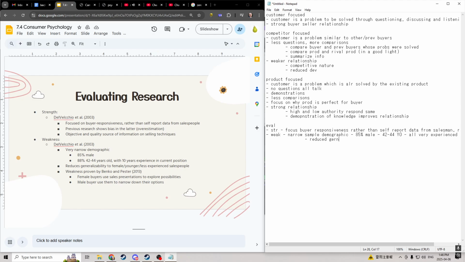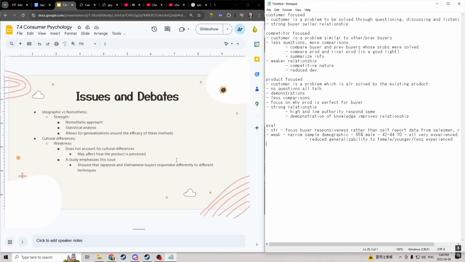Reduced generalizability to female / younger / less experienced. Makes sense, right? And these weaknesses are proven, but it's whatever, you don't have to know that. Okay.